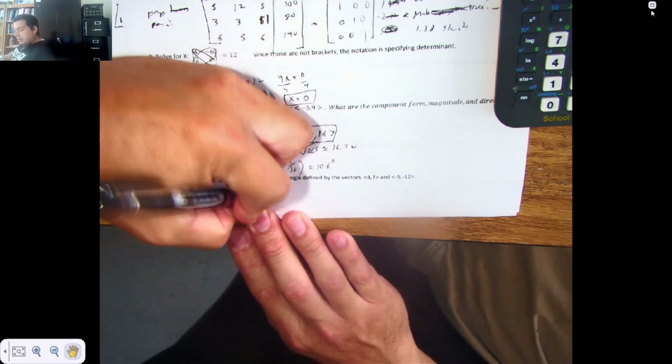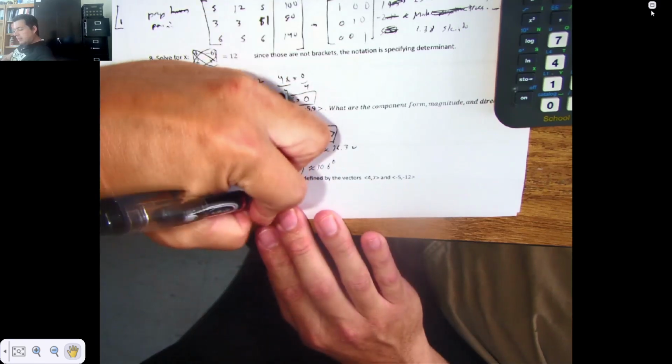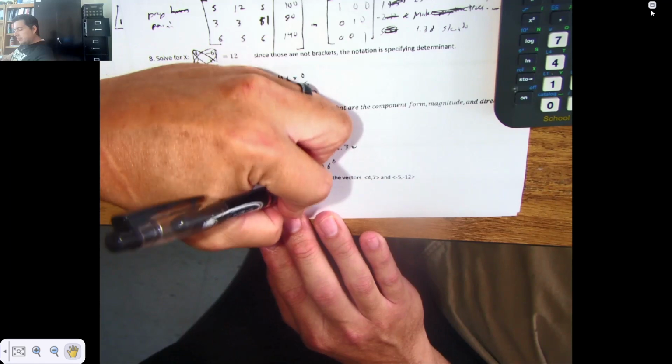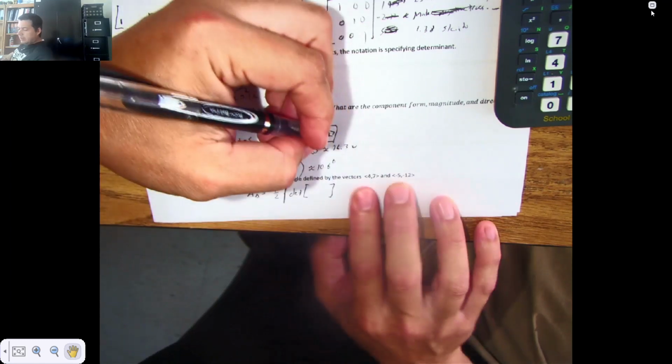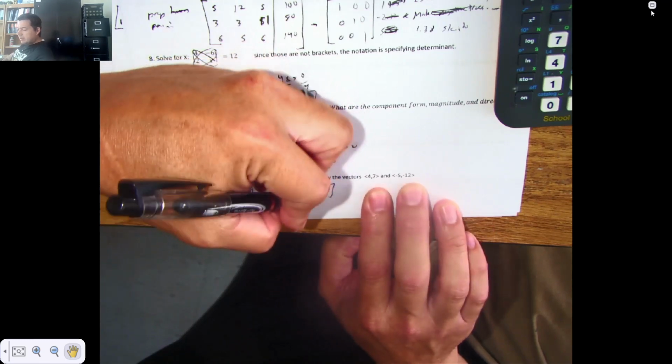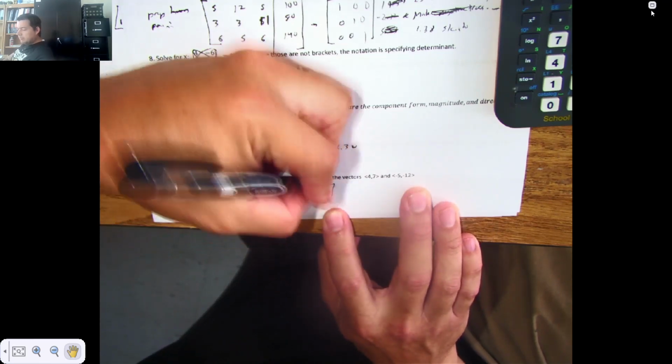This one was: what is the area in square units of a triangle defined by the vectors 4, 7, and -5, -12? So the area of a triangle using determinants is 1/2 the absolute value of the determinant matrix. And this would have an upper row of the x values and a second row of the y values.